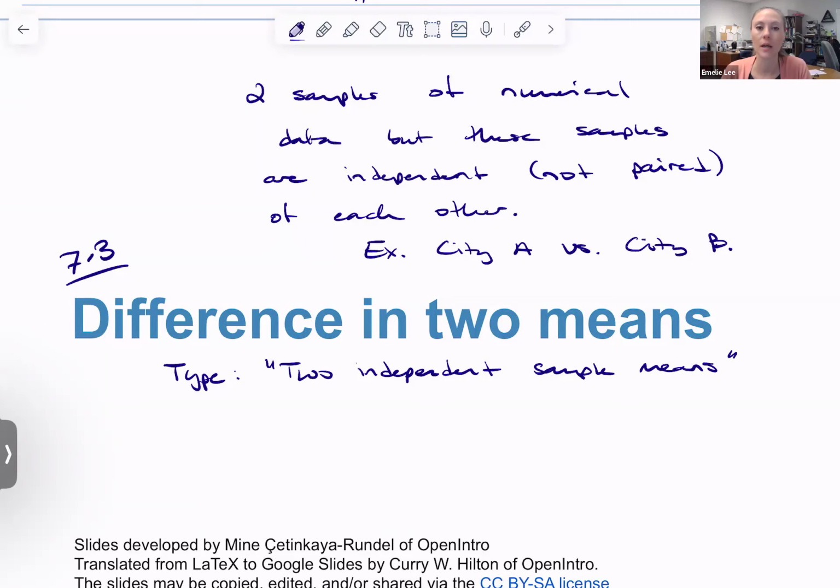If I want to compare the grades in our class to the grades in Steve's class, right, then there's no way to say that, oh, this student links to this student, and we don't need to do that, right? We can just say, well, they're two independent groups. I'm just going to analyze those means, right? Those average grades, are they significantly different from each other?